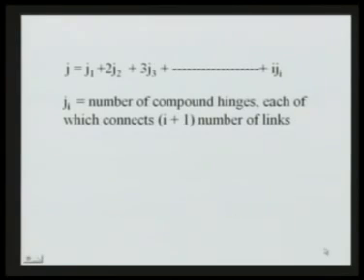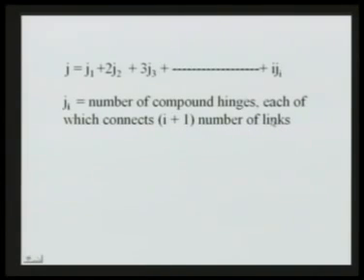J is equal to J1, which represents the number of simple hinges which connect only two links, plus 2J2, where J2 is the number of hinges each one of which connects three links, and so on. That is, J3 represents the number of hinges each one of which connects 3 plus 1, that is 4 links, and so on up to Ji. That is, Ji is the number of compound hinges each of which connects i plus 1 links.